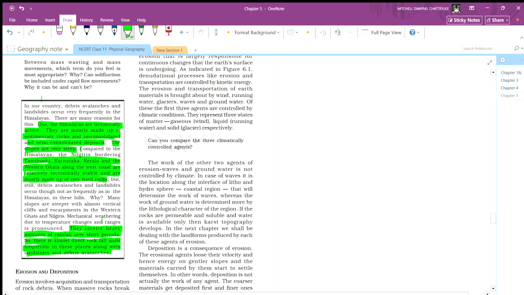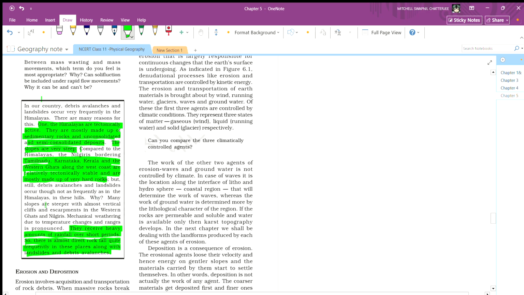Mechanical weathering due to temperature change and range is pronounced. They receive a heavy amount of rainfall over a short period. Debris avalanches and rock slides occur, though not as frequently as in the Himalayas. Why?